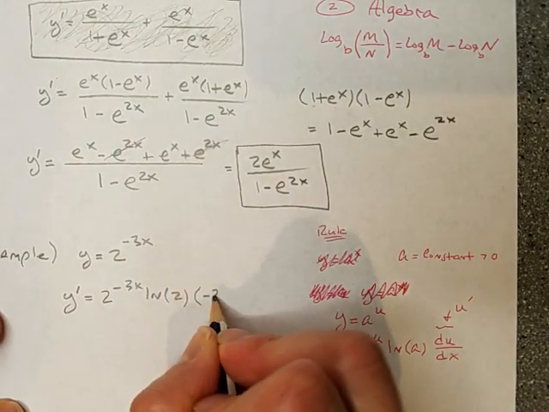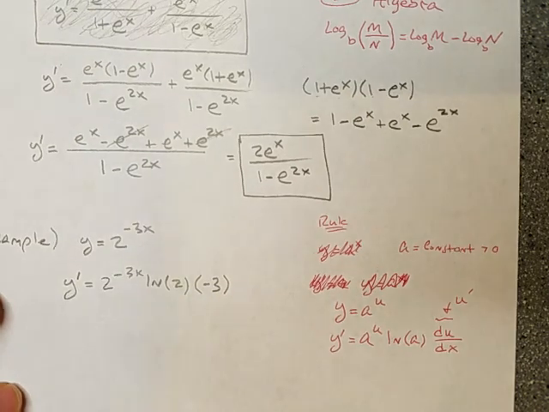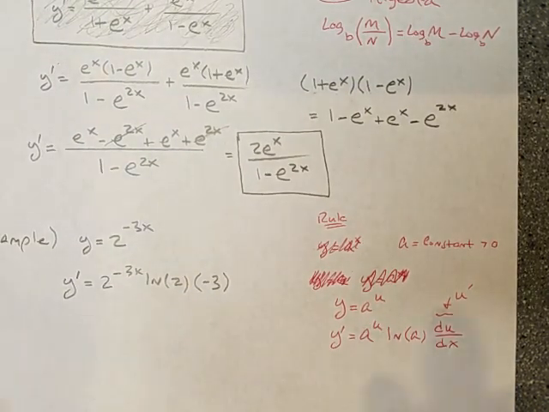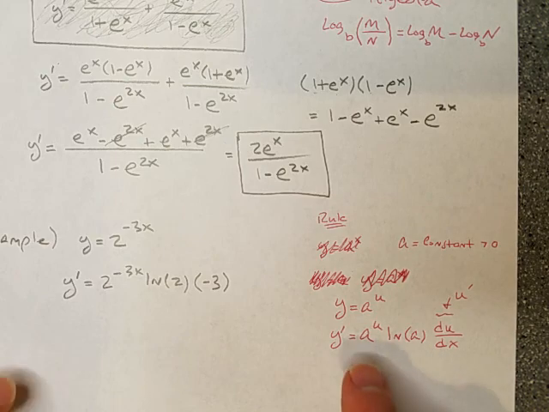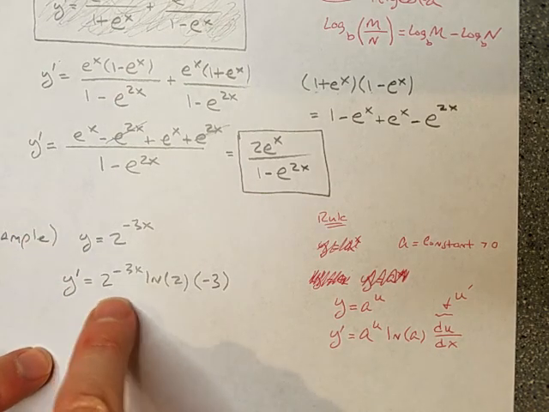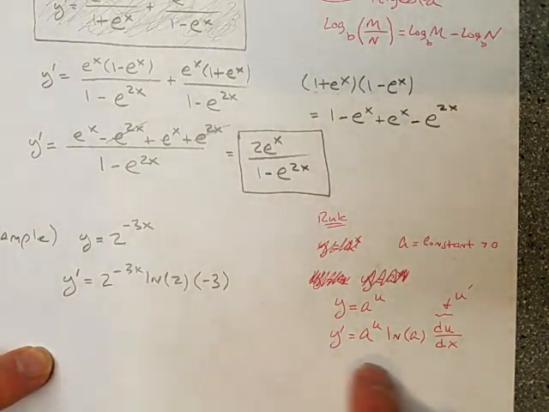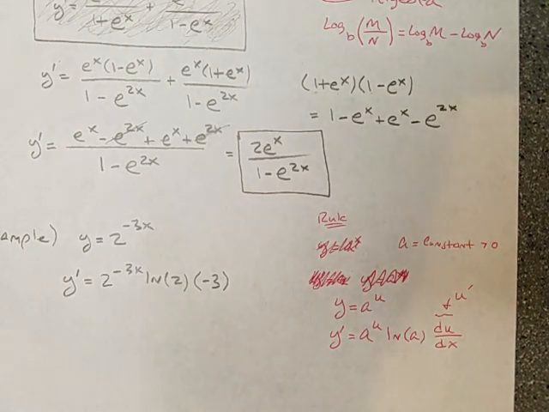That's negative 3, right? Now, just take a second to look at that. Here's the rule for that problem, and then here's me writing it out exactly as it is there. So look at that, make sure that you can see.